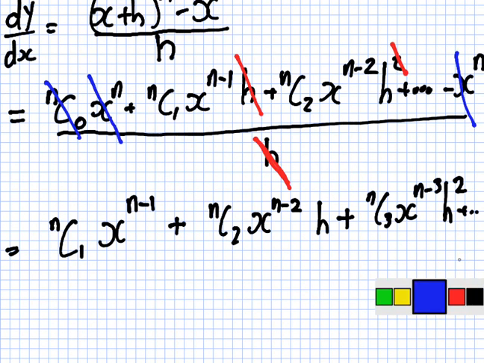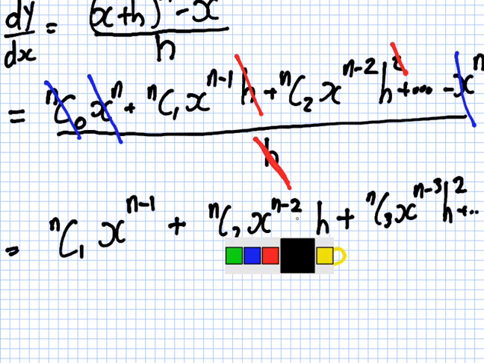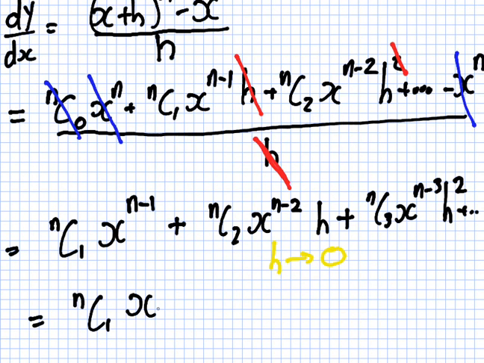But of course that's not finished. That needs to have its h go to 0. So if I put h to 0 now, what do I end up with? Well, it'll just be nC1 x power n minus 1. Well, what is nC1?